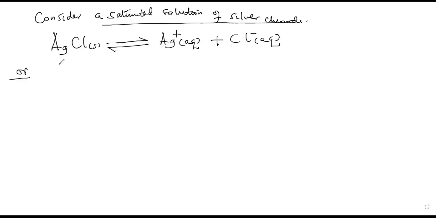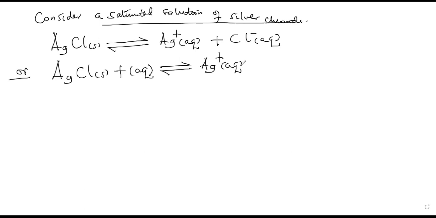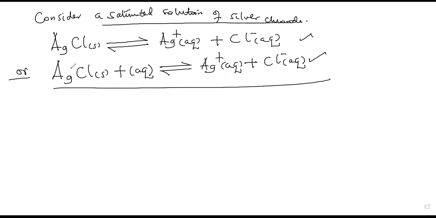Or I prefer this equation: silver chloride solid dissolves in water, and we write aqueous, to establish equilibrium and form silver ion and chloride ion. Your equation becomes wrong when you use a complete arrow. So we are forming that. This is what we call the solubility equation of silver chloride.